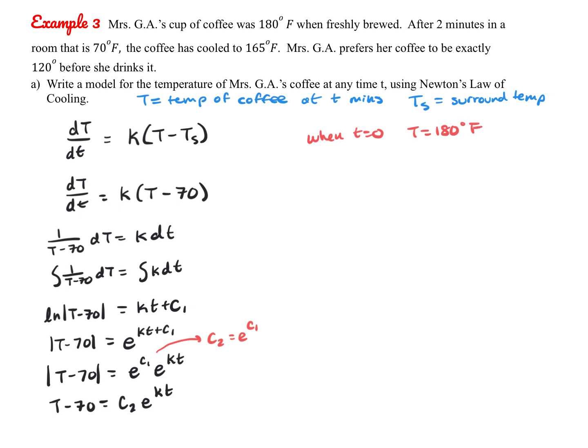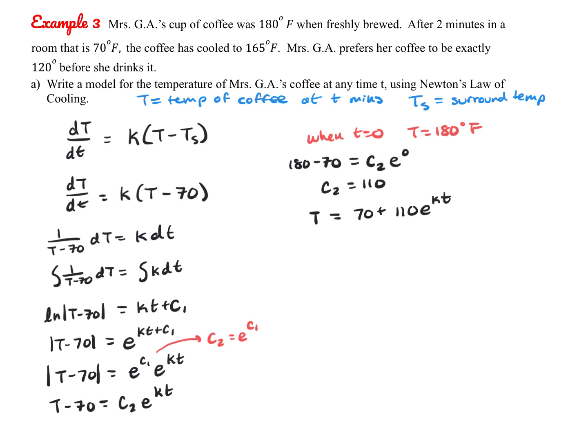We could substitute that in, and that'll be e to the power of 0, which is just 1. So we see that c sub 2 is equal to 110. We can substitute that into our equation, and I'm also going to add 70 to the other side. So we have 70 plus 110 times e to the power of kt.